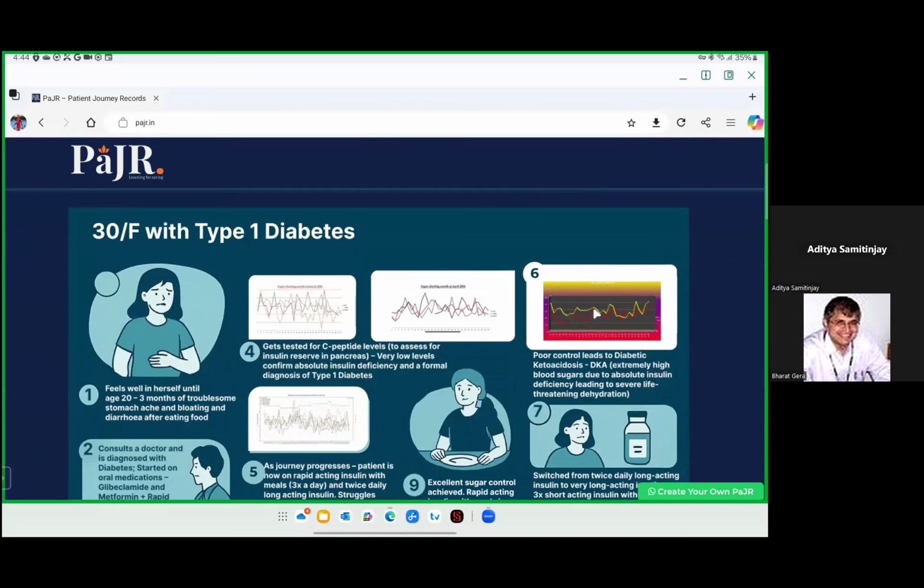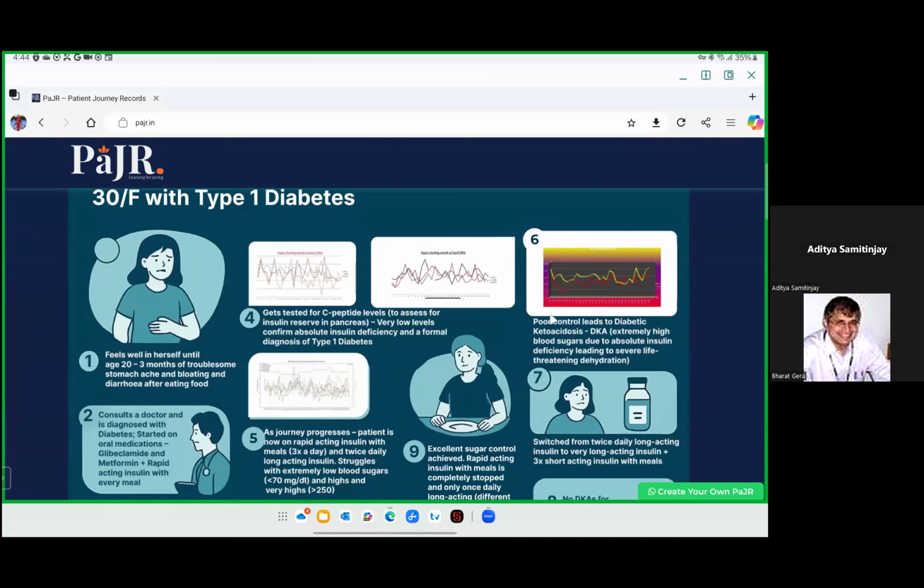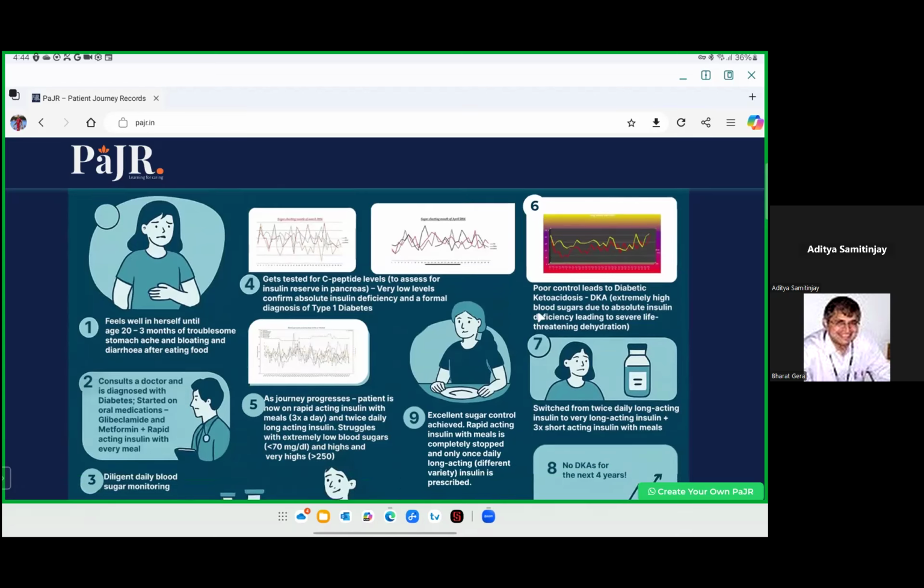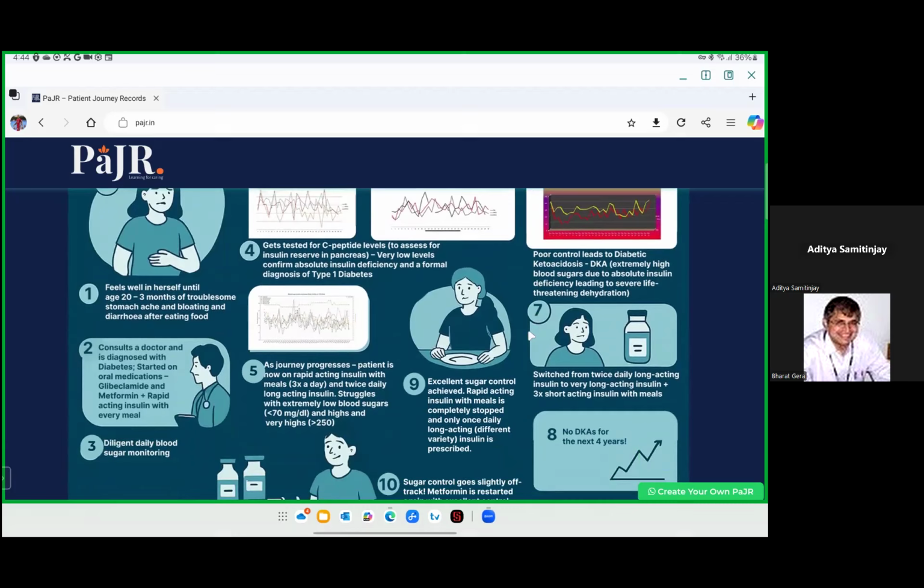So once you get onto Pager, I'll give you an example first. This is a 30-year-old female with type 1 diabetes. It is a dreadful disease. You have to live with it lifelong, and it causes huge problems, tertiary problems, everything. This lady was diagnosed in her 20s.